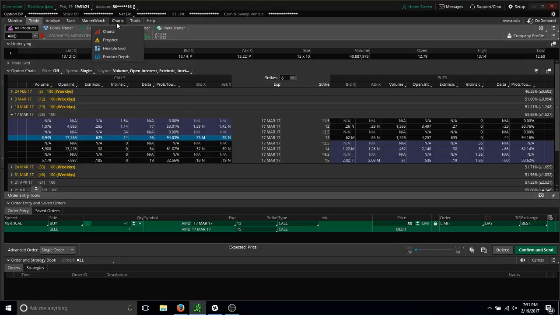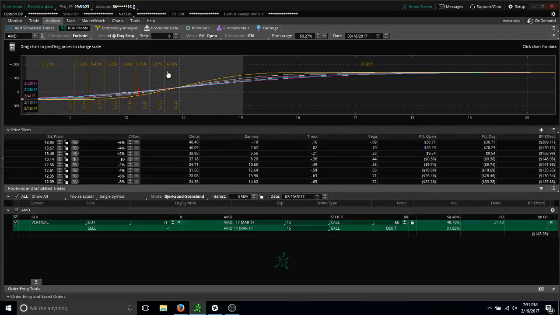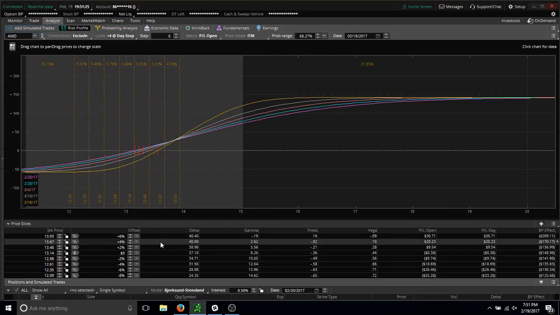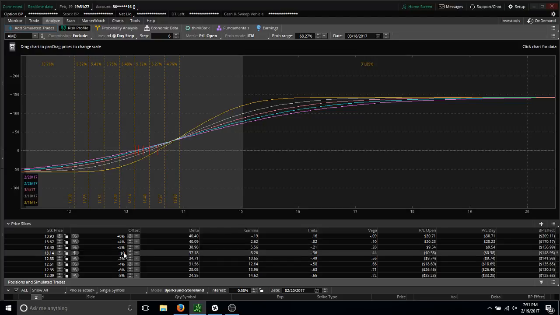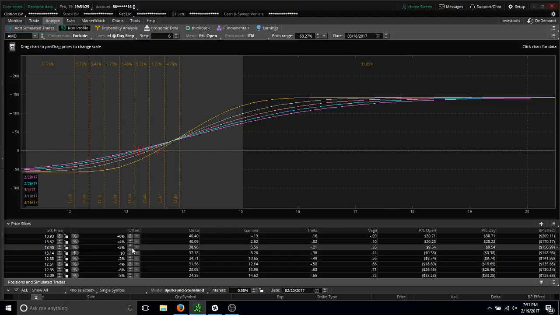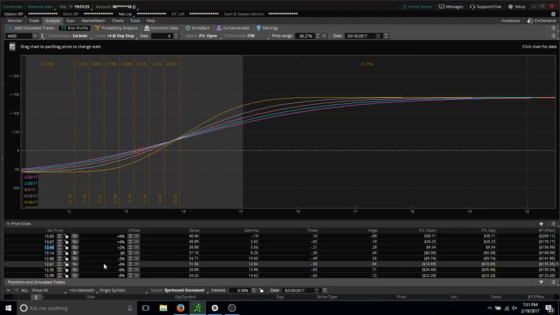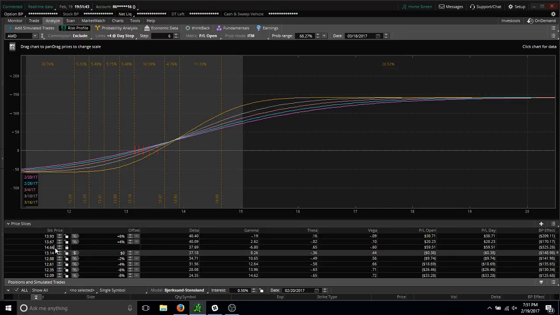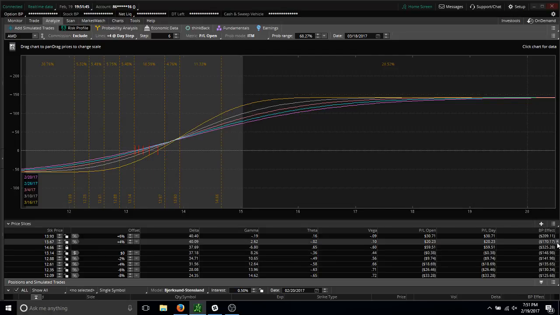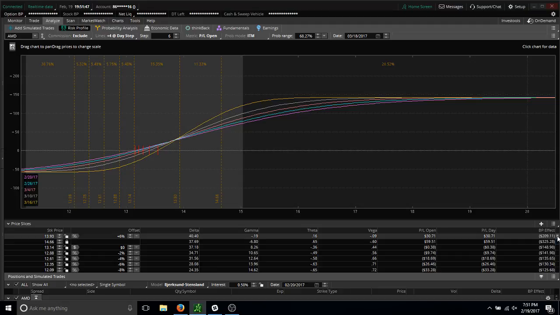So let's go into the Analyze tab here. So it's expecting to go 1.52 higher. We can actually delete these guys out.